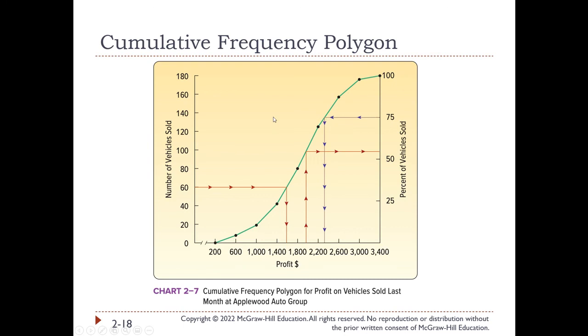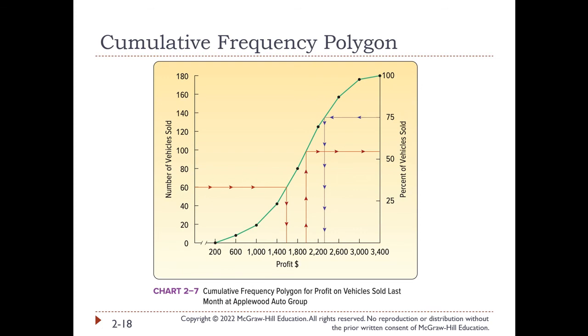Well, right here, we can see it's probably about 135. Notice that there's no dot. It just hits the line. So about 135 cars should be sold at 75%, and we should be making a profit of probably right around 2,300, because that doesn't look like halfway between the two.